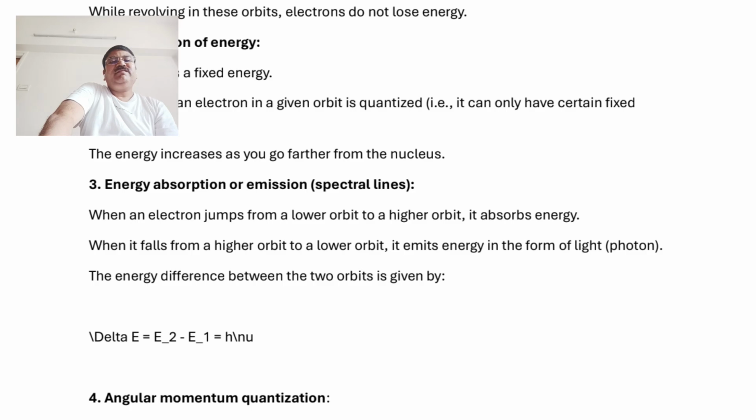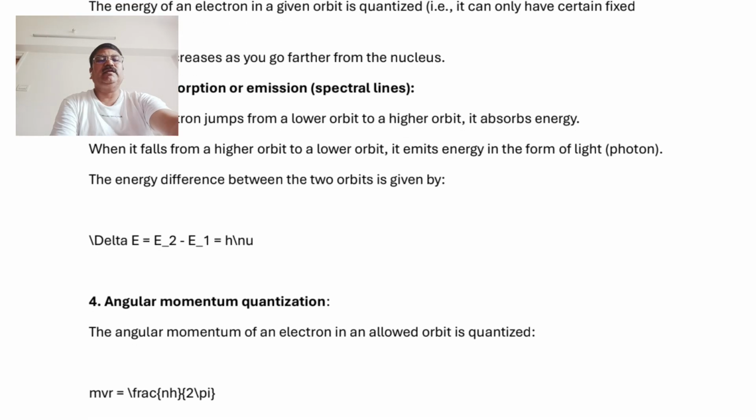So, if the electron moves from lower to higher energy level, absorption of energy occurs, and whenever it jumps from higher energy level to lower energy level, then emission of energy takes place. The difference between these two energy levels always gives a specific value given by the equation delta E is equal to E2 minus E1 is equal to hν.